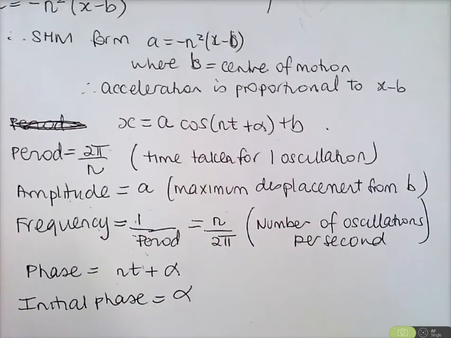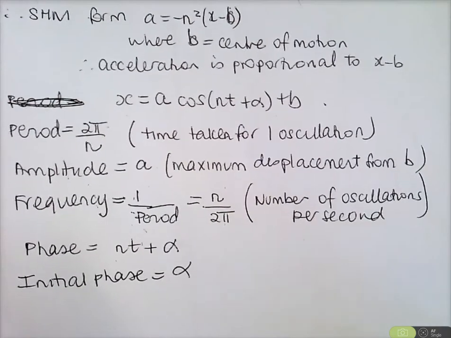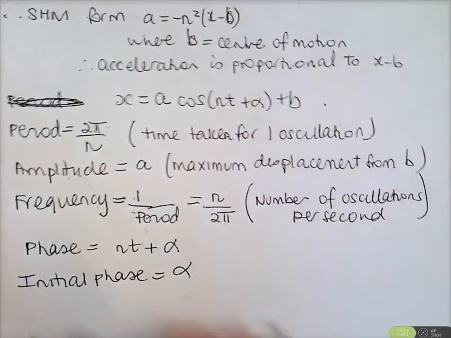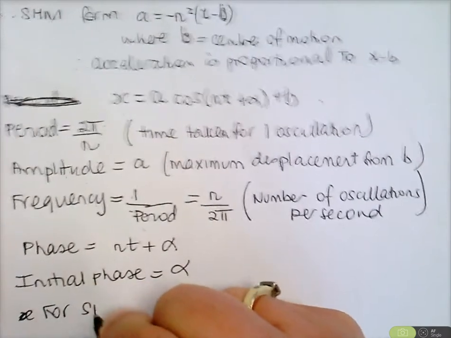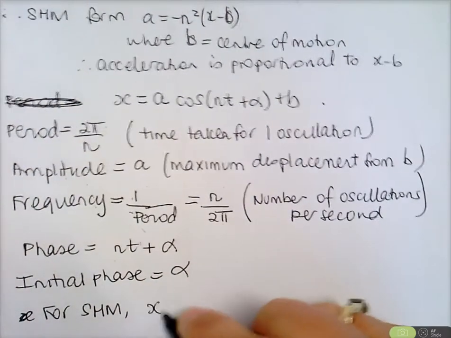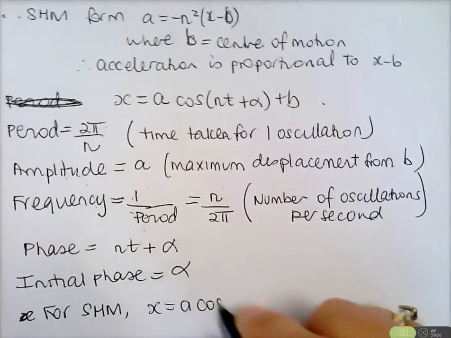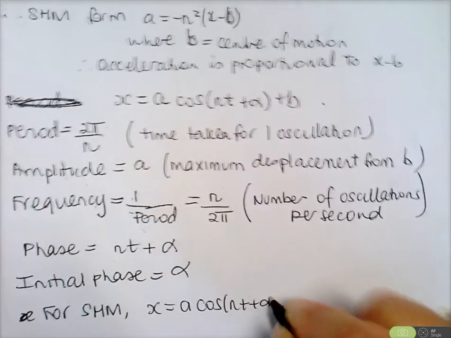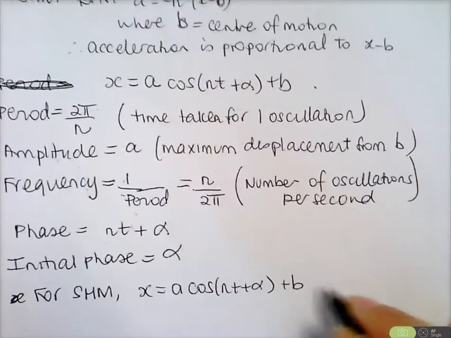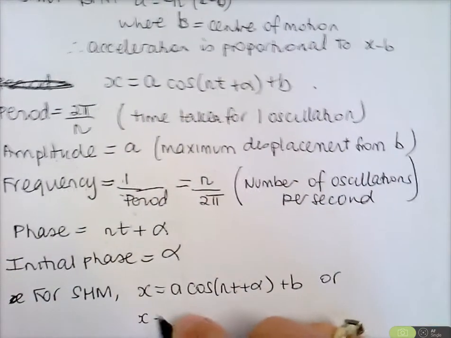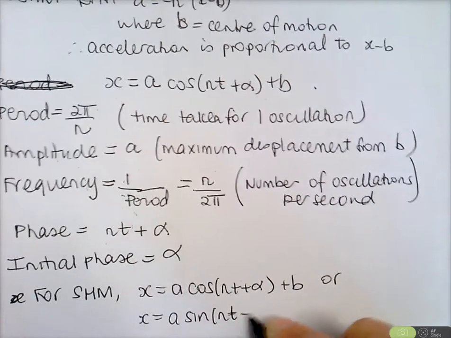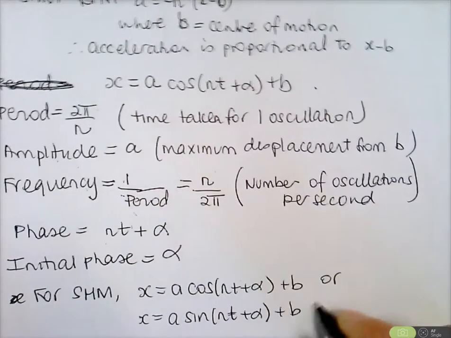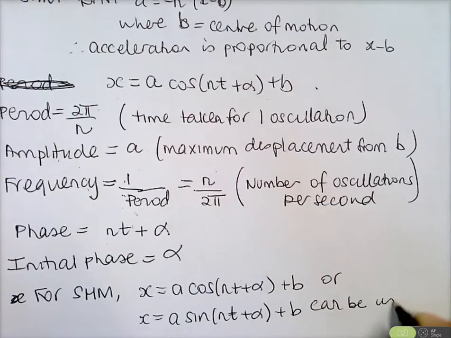When you are doing simple harmonic motion, x equals a cos(nt + alpha) + b can be used, or x equals a sin(nt + alpha) + b can be used as well.